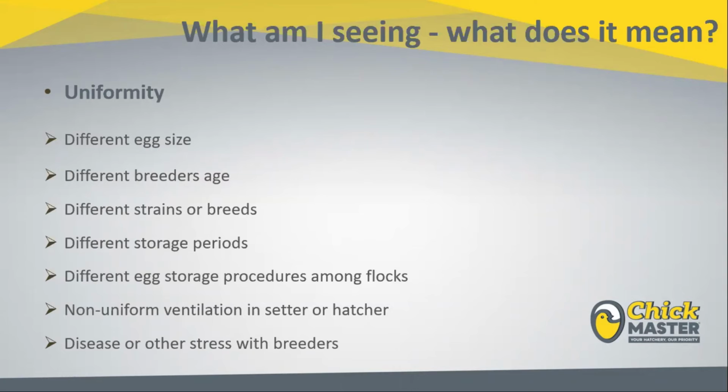So the first thing that we can think about is the egg weight that is not homogeneous, and this can be a result of some diseases on the breeder farm, or it can be the mixing of eggs coming from different breeder ages, as the egg size depends on the breeder age, or the mixing of eggs coming from different strains and breeds, but also different storage periods or different storage conditions, or non-uniform ventilation in setter or hatcher can lead to the decrease of uniformity.